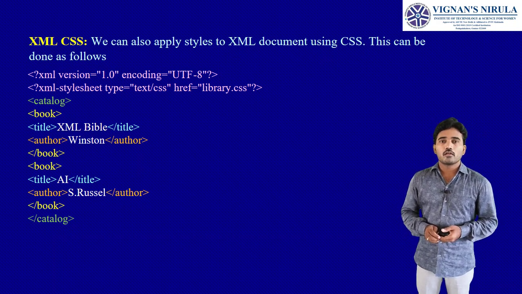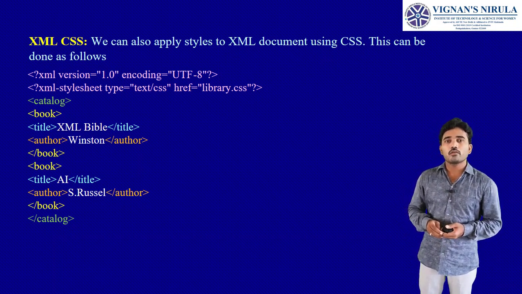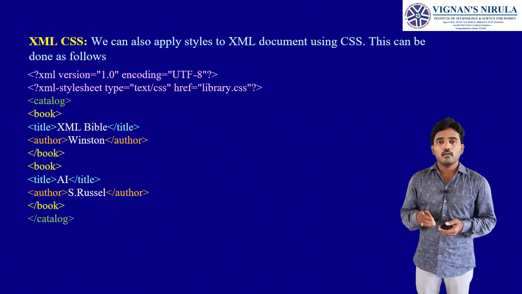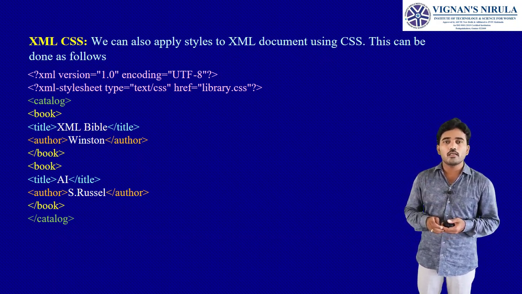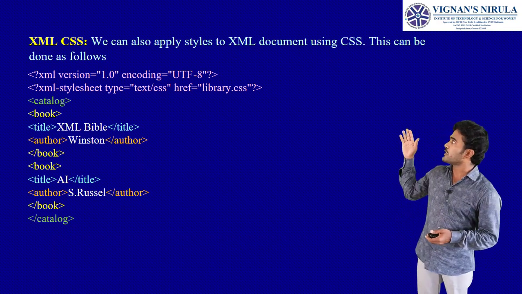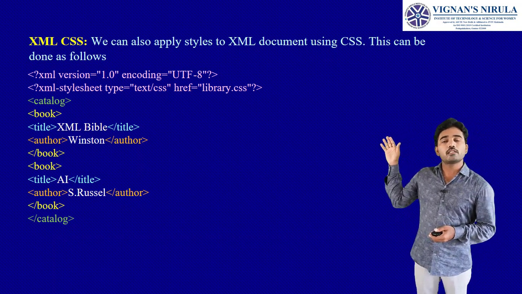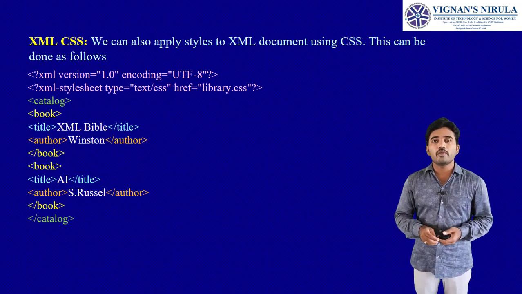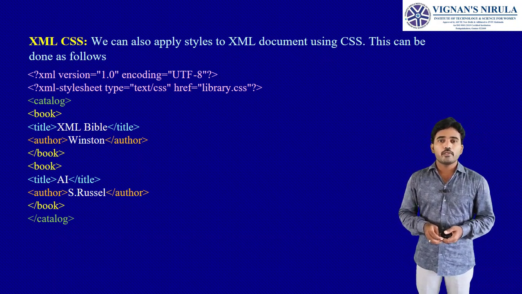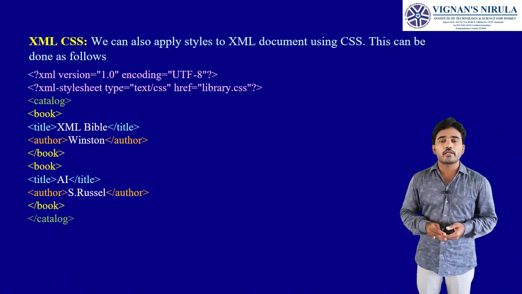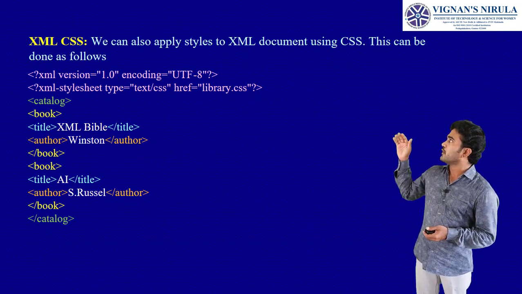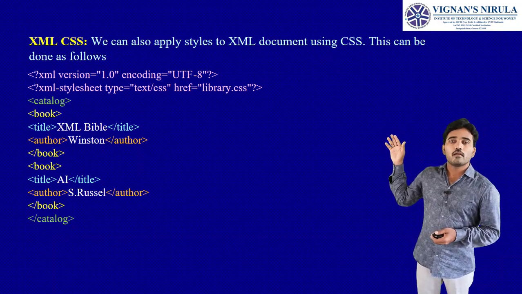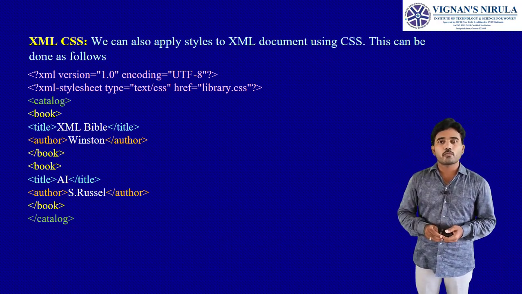Understood? Then, to insert CSS into my XML document, I have used a CSS file library.css in the second line by using the element xml-stylesheet, type equals text/css. By using the href attribute, I am using the reference of that CSS file.